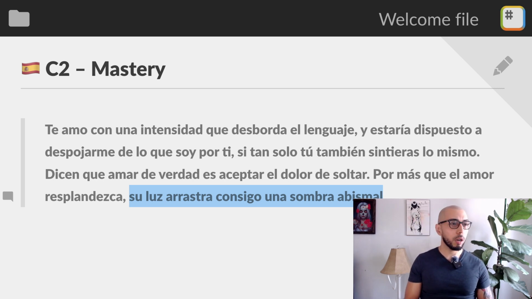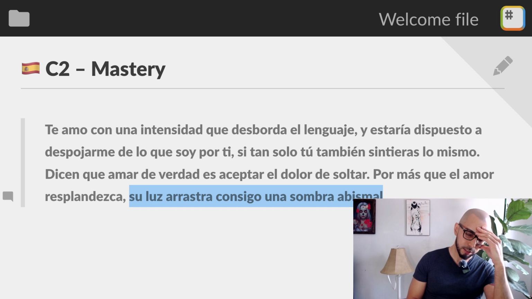And what is the light bringing with it? An abysmal shade, abysmal shadow. Oh man, this is almost too much for me. An abysmal shadow. I mean, abysmal. This is like the worst of the worst. That is such a strong word choice.